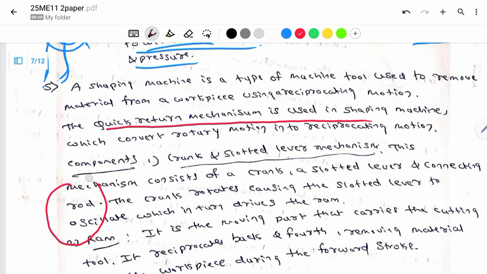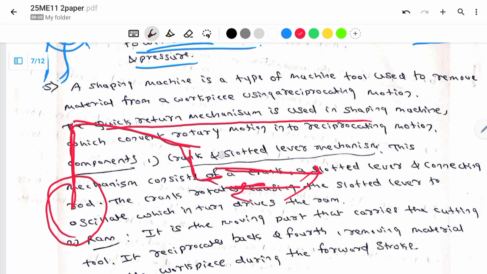Here the tool will be placed. Whenever the tool moves forward, it will move slowly, and whenever it comes back, it will travel quickly. The forward motion will be slow, and whenever the tool is coming back, it will move fast.